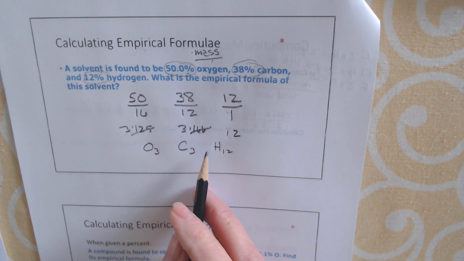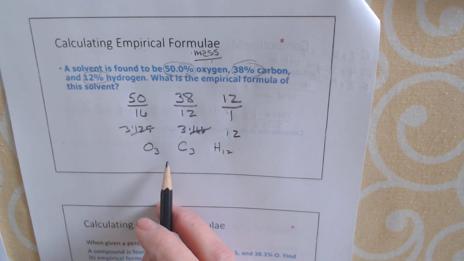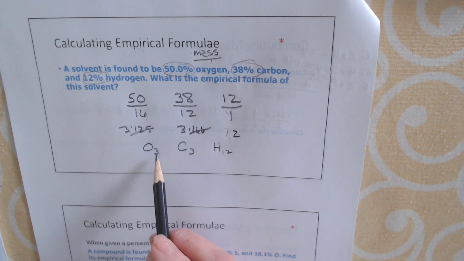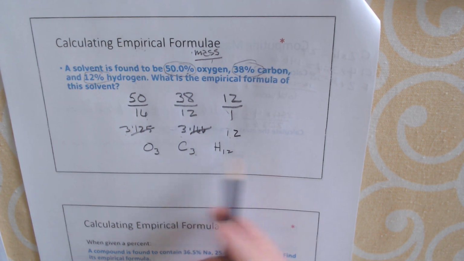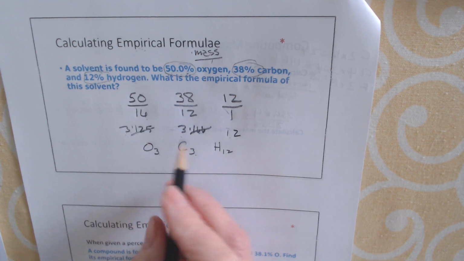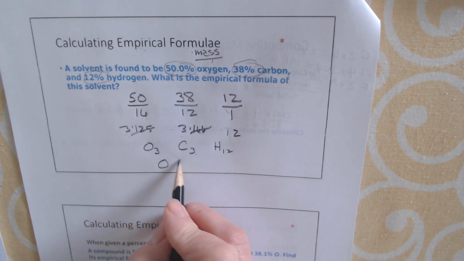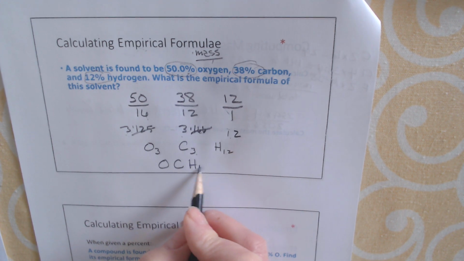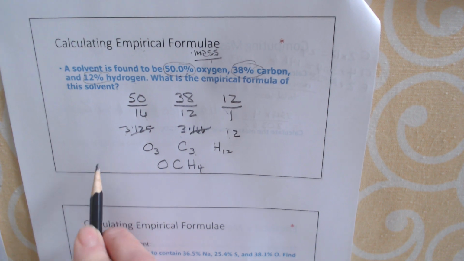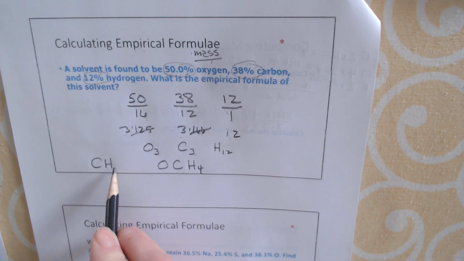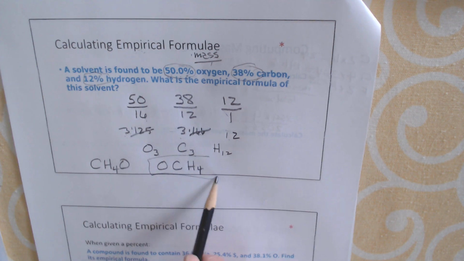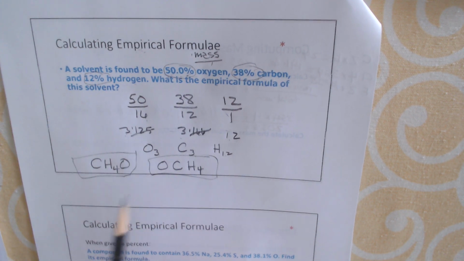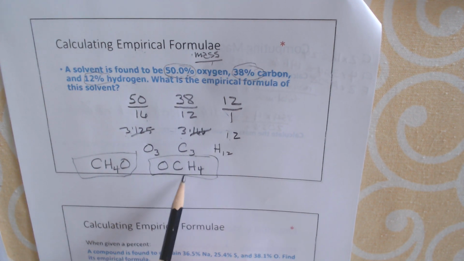And the answer, pause your video if you need to think about it, is no, it could not, because these are each divisible, aren't they? So I can divide all these by 3, and come up with OCH4. Okay? So generally we're going to express that as CH4O. But you got the right idea, right? That we are always going to simplify down.